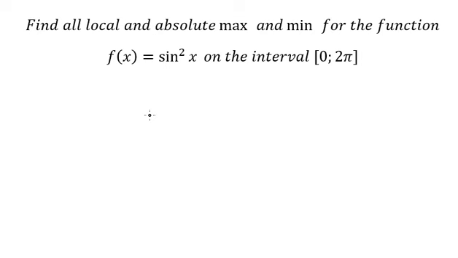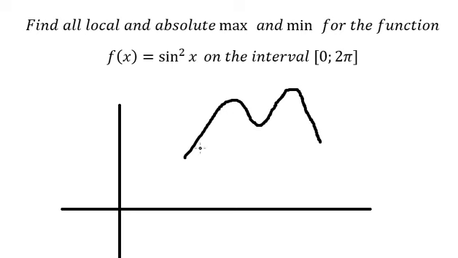So today I want to talk about the local, absolute max and min. So now I want to show you how to answer. For example, we have the interval from a to b. The local max and min are about this point here, and this point here.